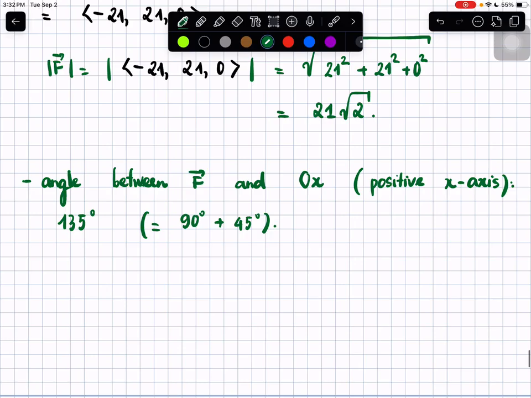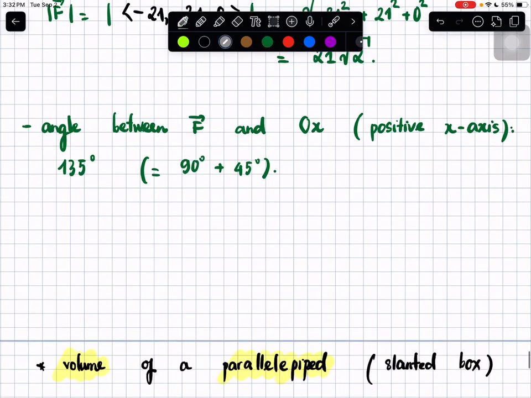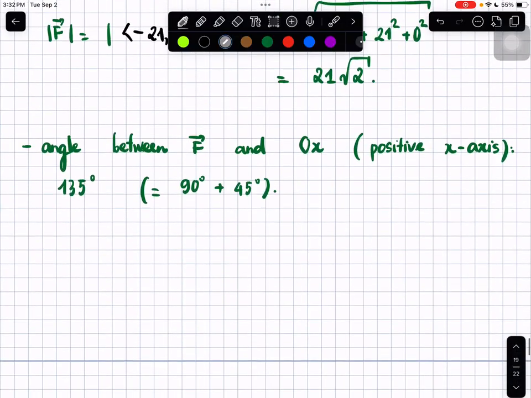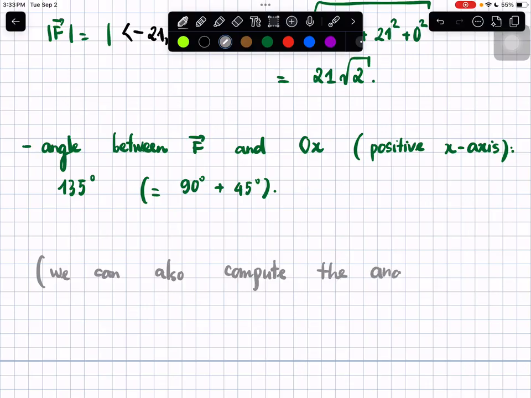The second method uses a formula to compute the angle, for example the dot product.